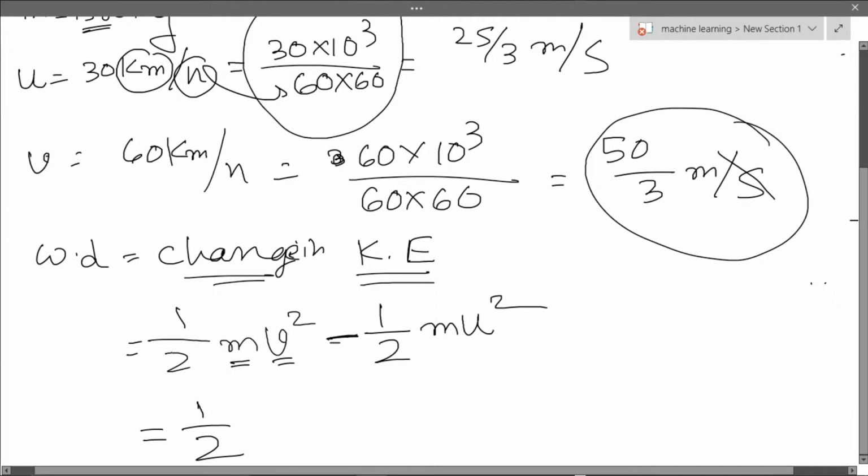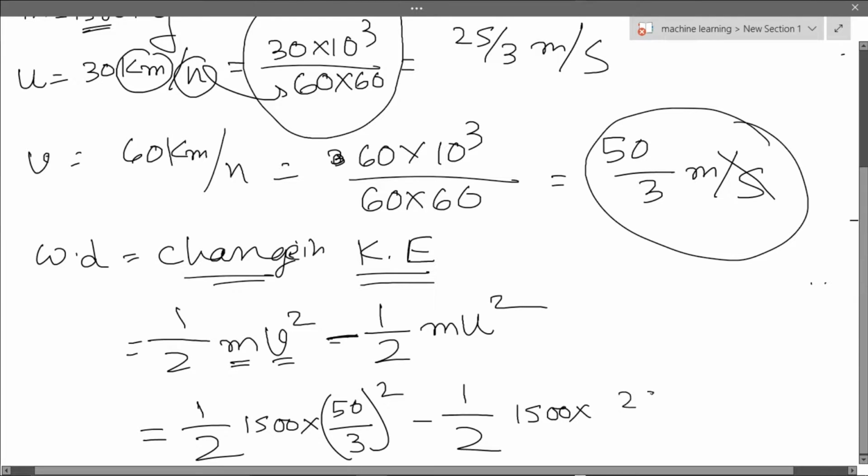Then put the values. m is equal to 1500 kg, into 50 by 3 square meter per second. Half m is the same, 1500 kg into u, 25 by 3 square.